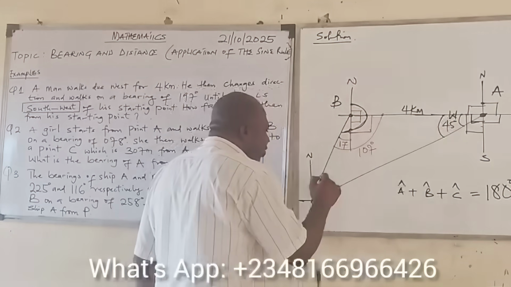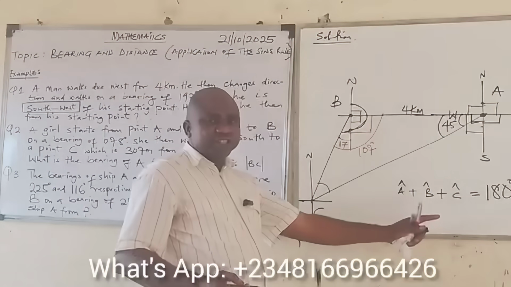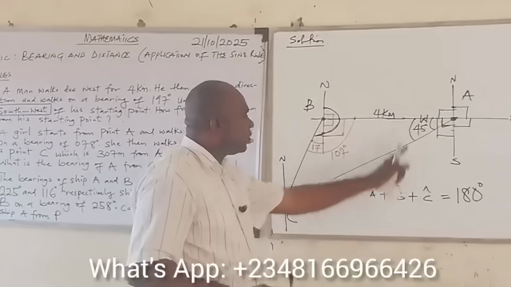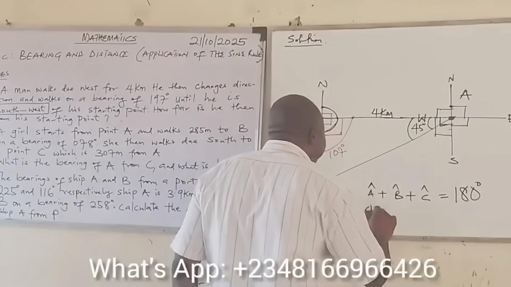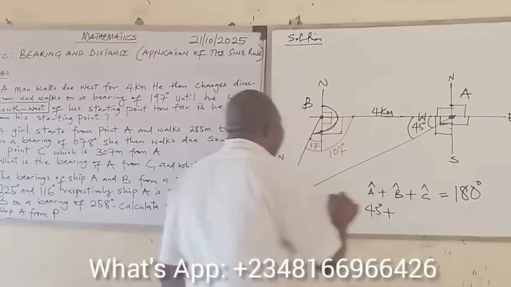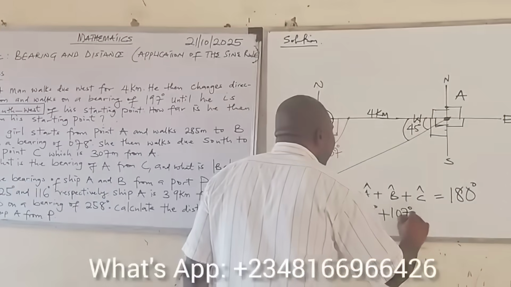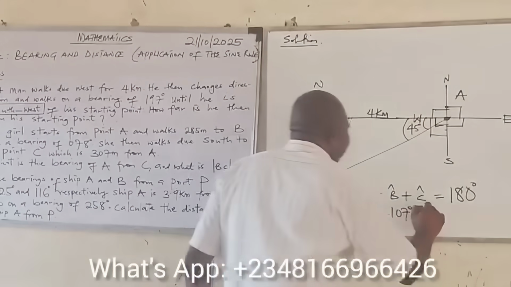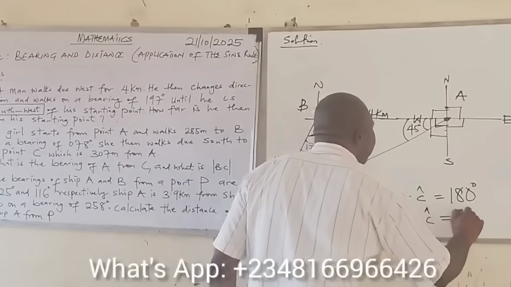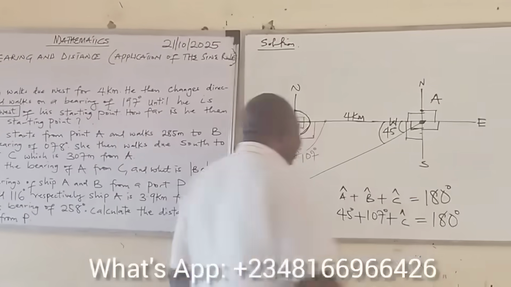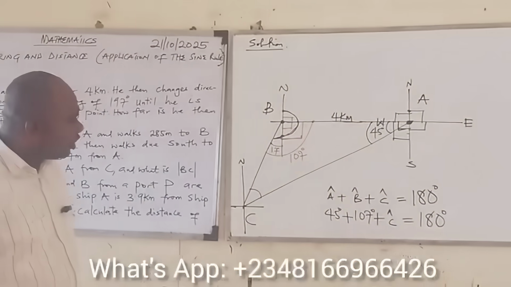We know angle A. Angle A here is 45 degrees, plus angle B, which is 107 degrees, plus angle C, is equal to 180 degrees.